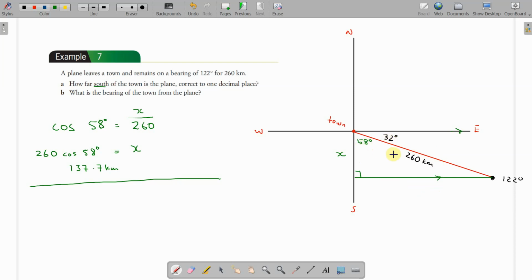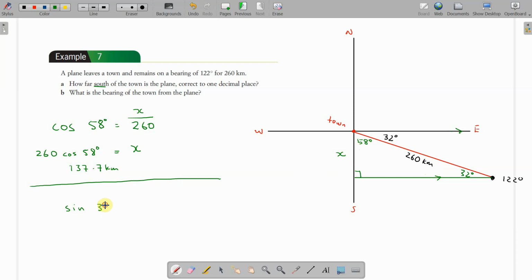We can also see it by the fact that the triangle's angles total 180. So we can make it a sine question, because the side is opposite this angle of 32.